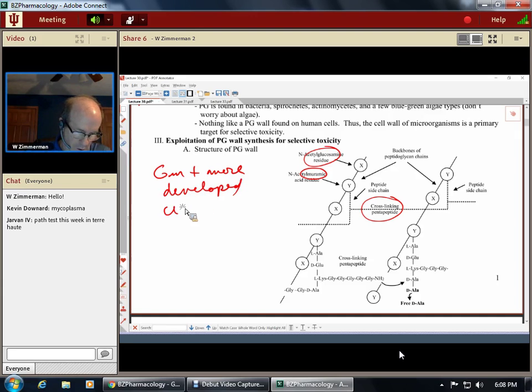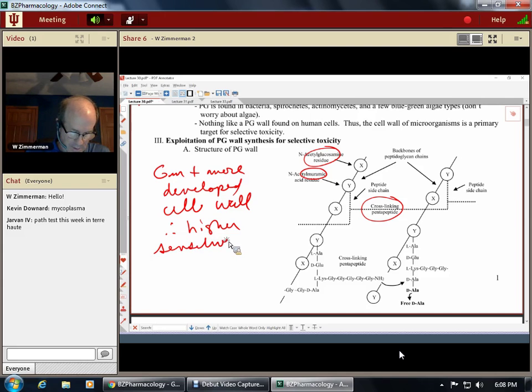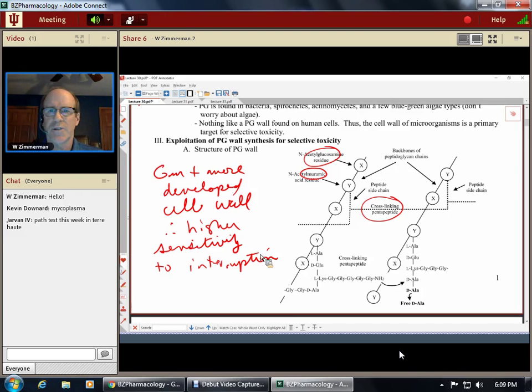That more developed cell wall, therefore, gives them a higher sensitivity to interruption. Whereas the gram negatives, the cell wall is just not as important.